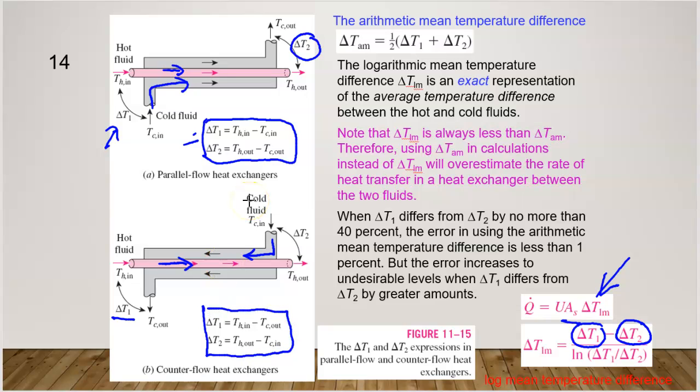Okay? Having these two formulas, you could easily calculate delta TLMTD, and then you could calculate Q. Sometimes Q has already been given. You need to calculate U. So rearrange these formulas. Okay? Q given, calculate U. Rearrange this formula, then you could calculate U. Sometimes you need to calculate A. So by rearranging this formula, bring everything over there, you calculate A, because the rest has already been given.